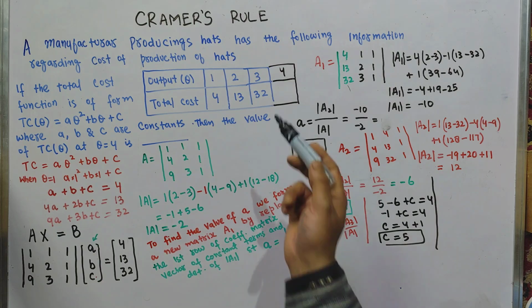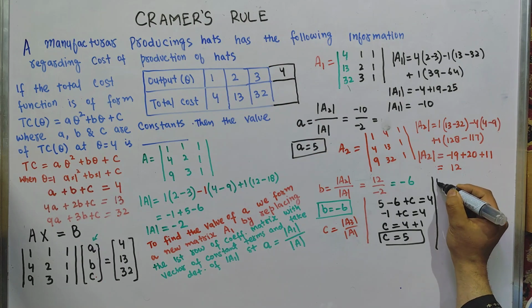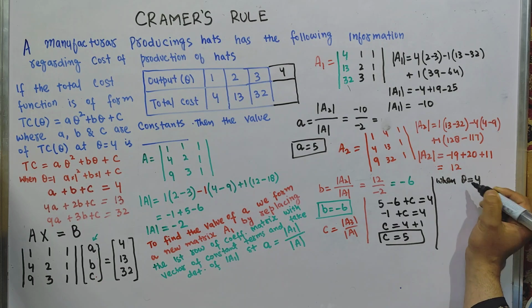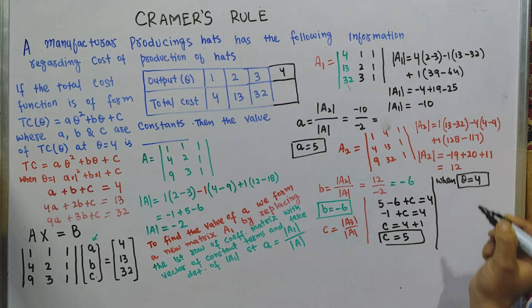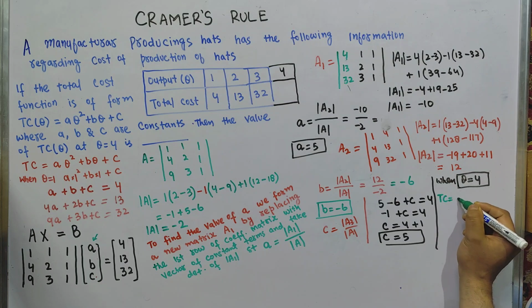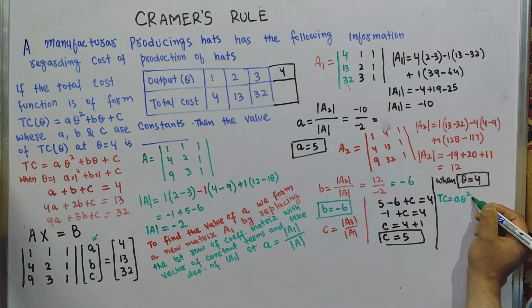Since we have found the values of a, b and c, now we can find the cost of producing 4 units. When q is equal to 4, sorry for my English, when 4 units are produced, what will be the total cost? As we know, the total cost is a function a q square plus b q plus c.